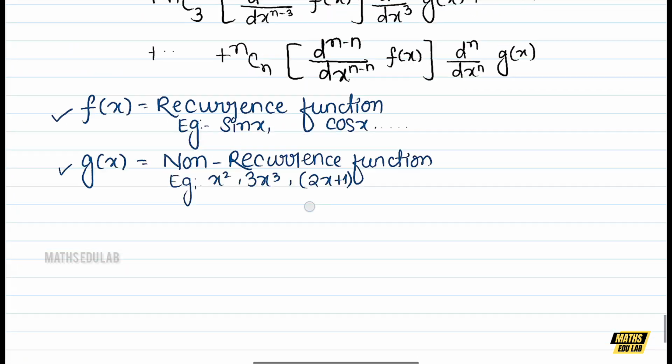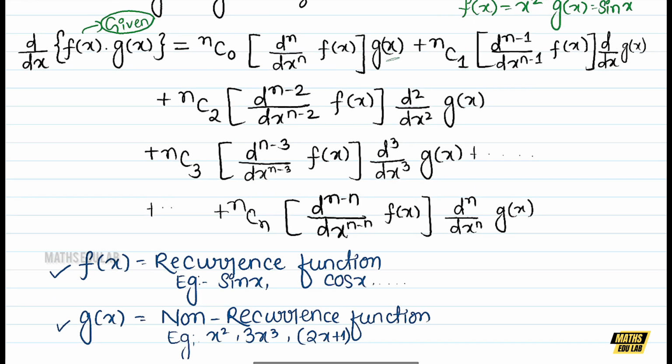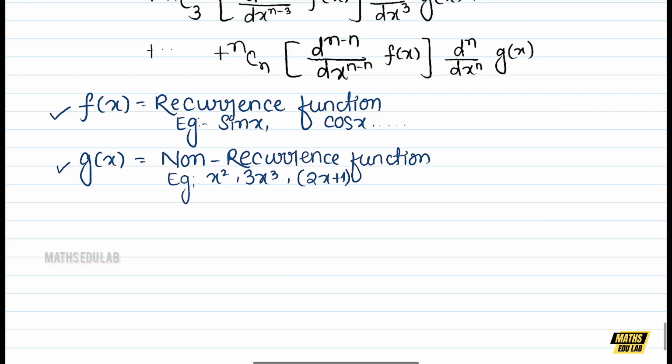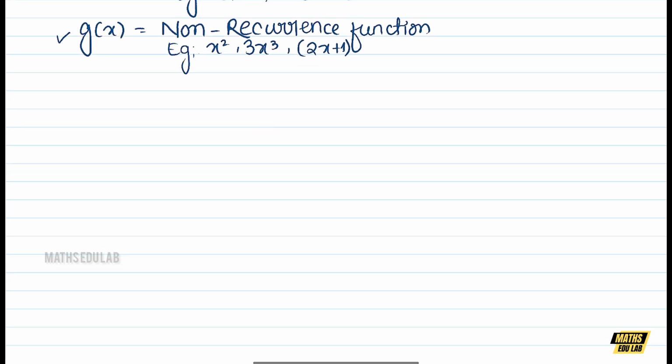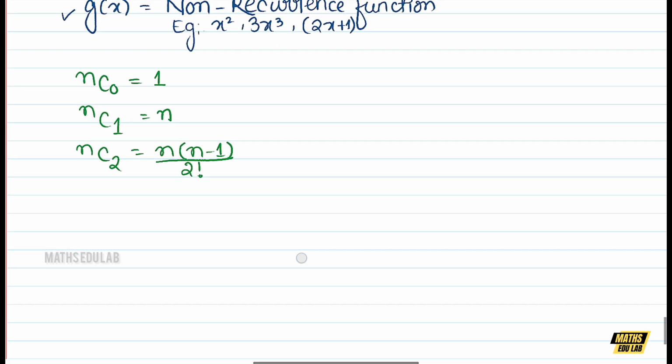Also, if you see here, there are the values nC0, nC1, nC2. For those values, nC0 is 1, and nC1 is equal to n, and nC2 is n into n minus 1 by 2 factorial, which we have learnt in our higher secondary classes.